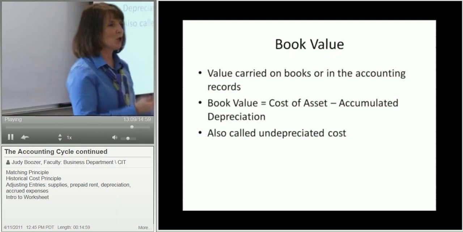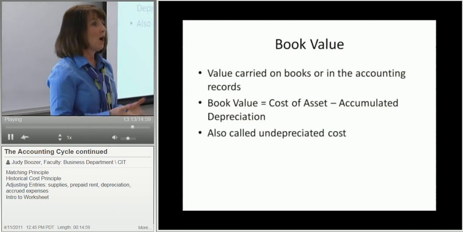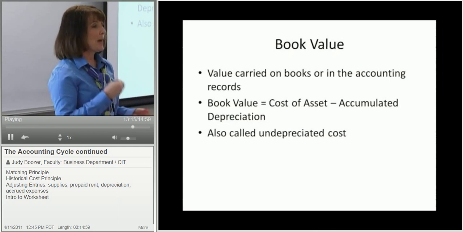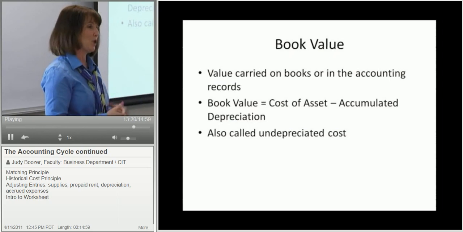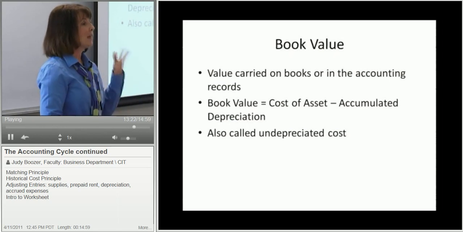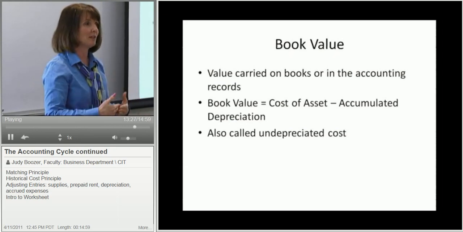So if it's a short-term asset, and what would be an example of a short-term asset? Office supplies. We expect to use up office supplies within a year, so therefore we cannot depreciate those supplies. But things like equipment that we intend to keep for longer than a year, we can depreciate.